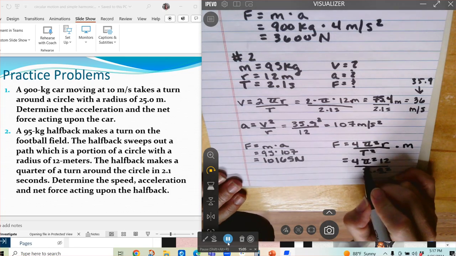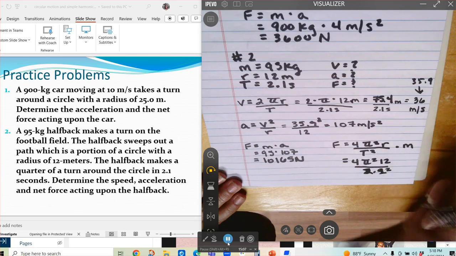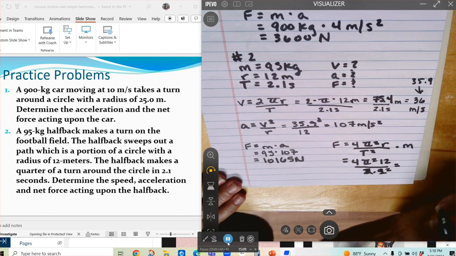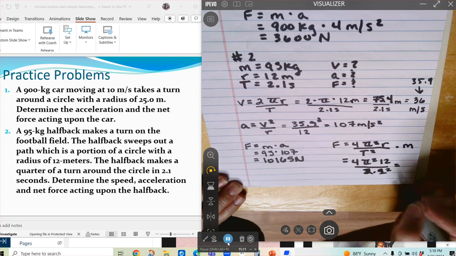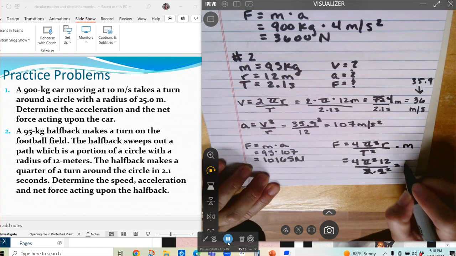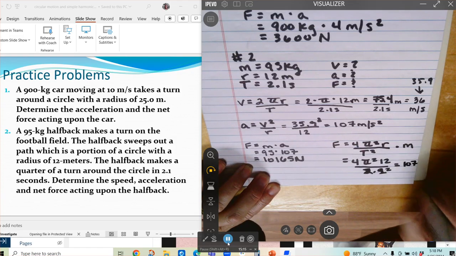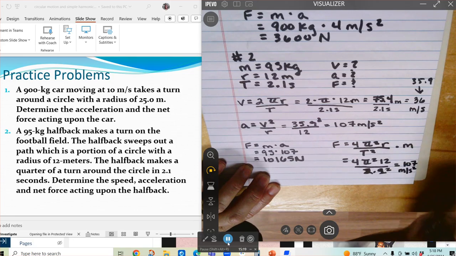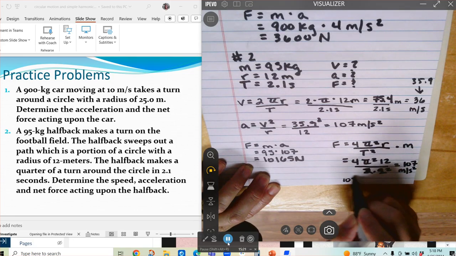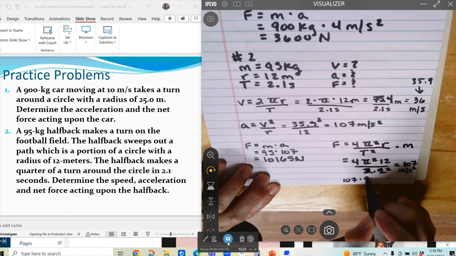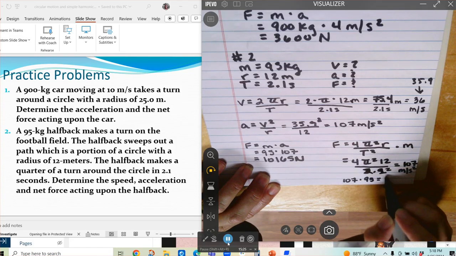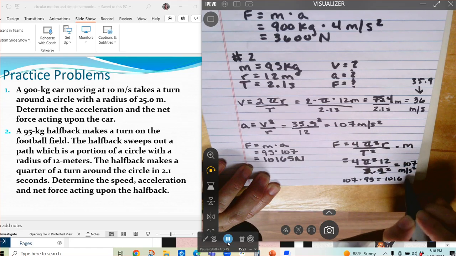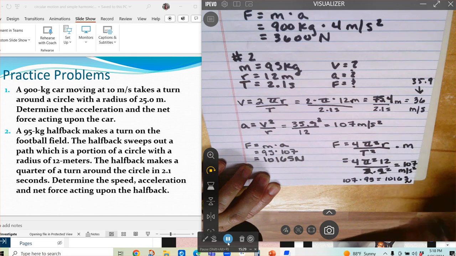So our period is 2.1. So when we type that into our equation, just this part for acceleration, I get 107 meters per second squared. So I again take that 107 times 95 and I get the same answer, 10165 newtons.